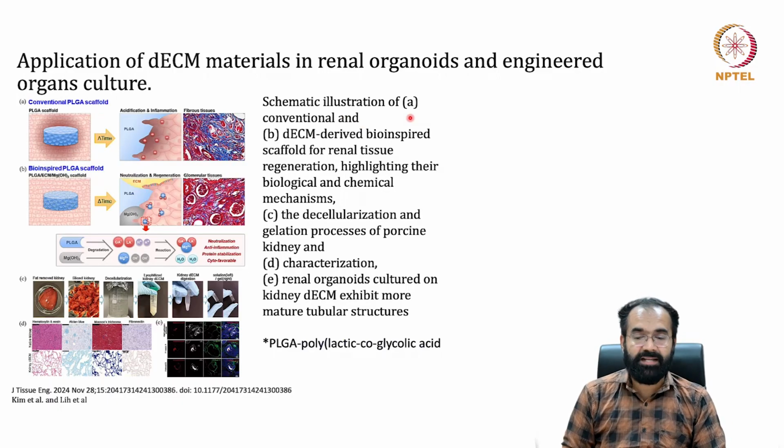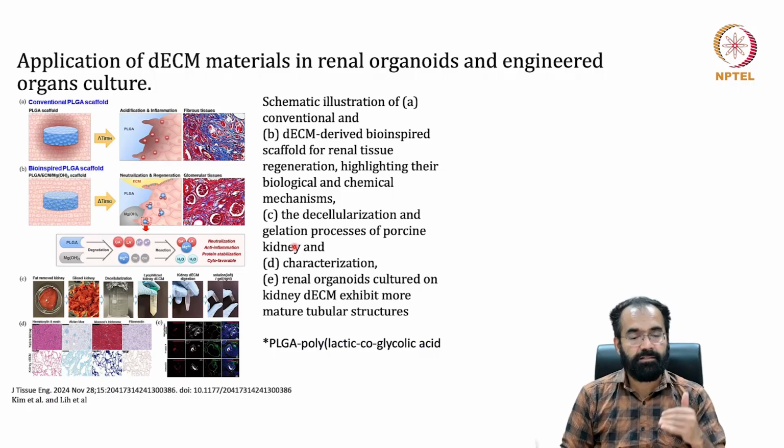So this is a schematic illustration of the conventional and DECM derived bio-inspired scaffold for renal tissue regeneration, which highlights their biological and chemical mechanism. You can see here, in panel A and panel B, you are basically using a scaffold. It can be artificial, it can be natural, but in either case you need to seed them with the cells.